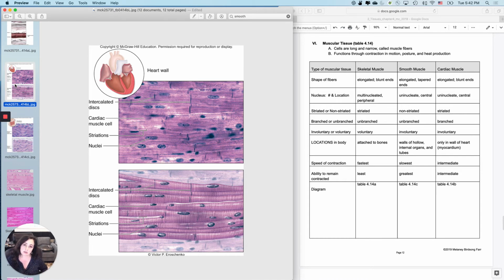One of these three tissues is your emergency response tissue that can keep you from getting hit by a bus or eaten by a saber-toothed tiger. That one's really fast off the block, but you cannot maintain contractions in it for an indeterminate amount of time. That's skeletal muscle. So it's really fast contraction, but it has a hard time maintaining the contraction for a long period of time. The other extreme is smooth muscle, which is kind of like dirt to dirt, right? It's never really fast off the block, but it can maintain a contraction forever. And then cardiac muscle is really intermediate between the two of those.